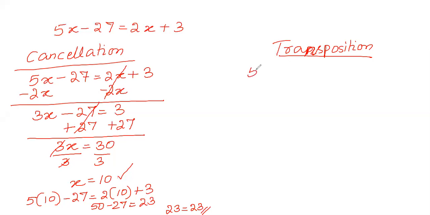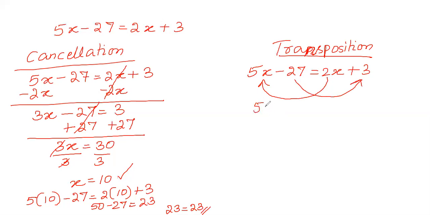Okay, transposition. We take the equation here: 5x minus 27 is equal to 2x plus 3. What I do is, I retain the variable on the left and numbers on the right. So I move the 2x to the left and negative 27 to the right. By doing this, you can solve the equations. But when you're moving, its sign will change.